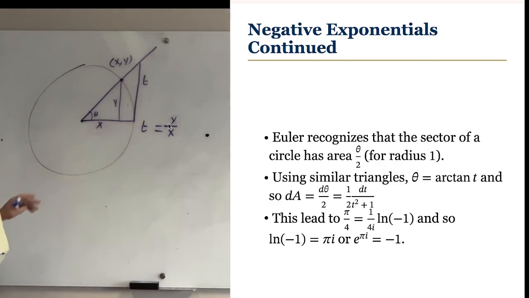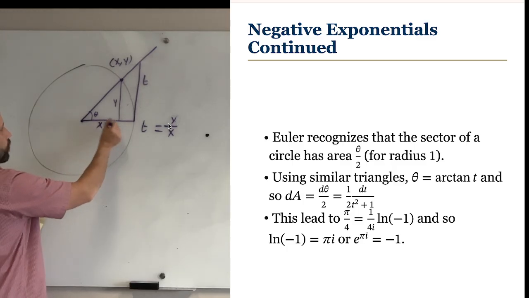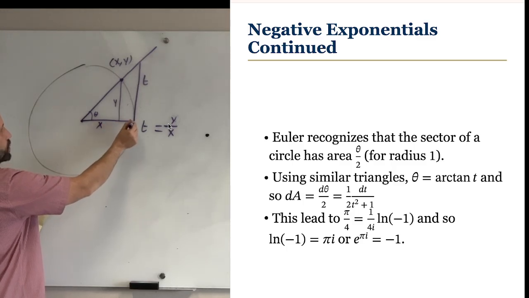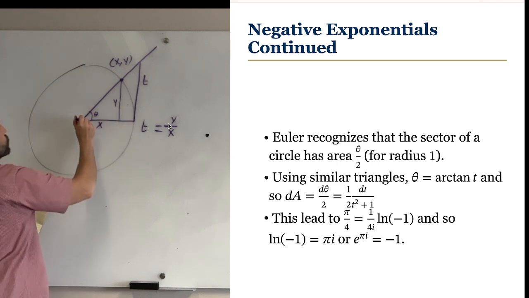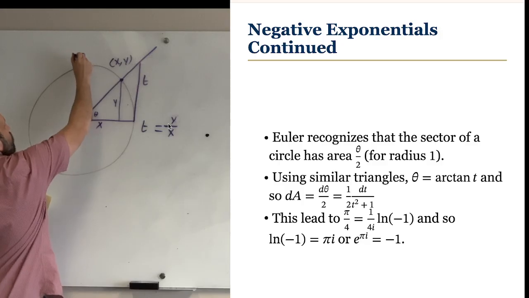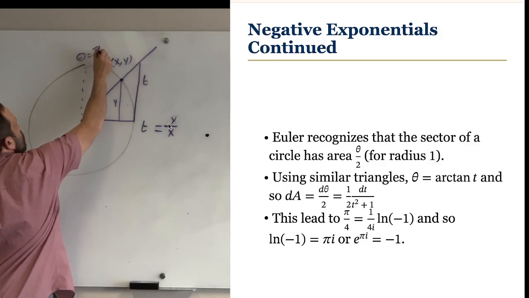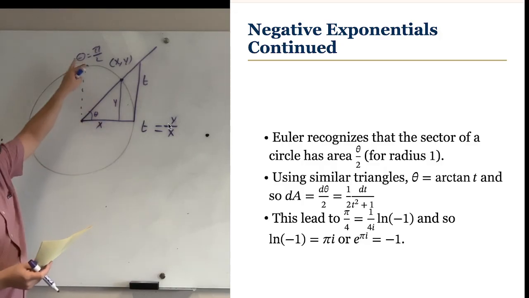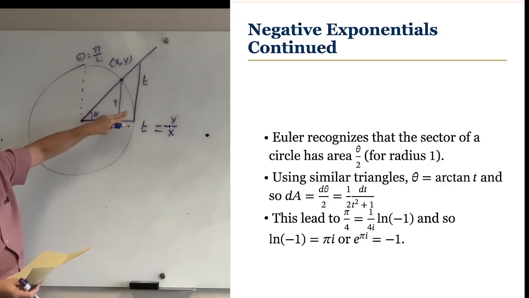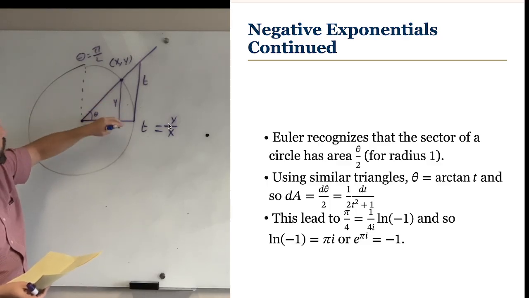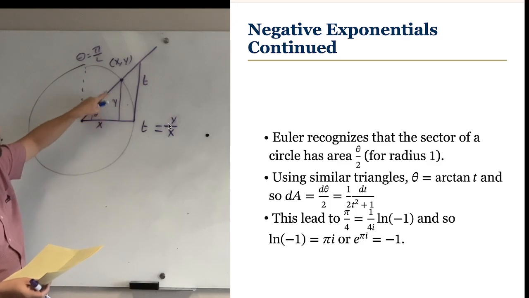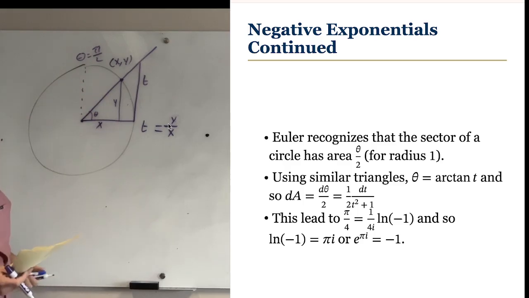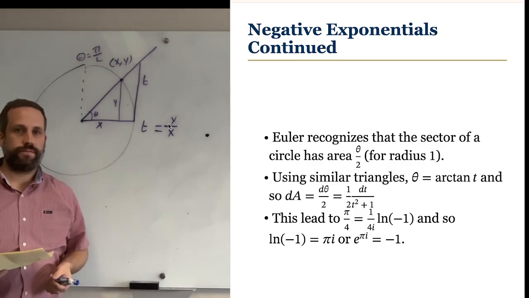Now, if we sort of fix this diagram, notice that when t is equal to 0, then theta is going to be equal to 0, and then when t is equal to infinity, theta is going to be equal to pi over 2. So as t goes from 0 to infinity, we get a bigger and bigger portion of this top right quarter of the circle getting filled out.